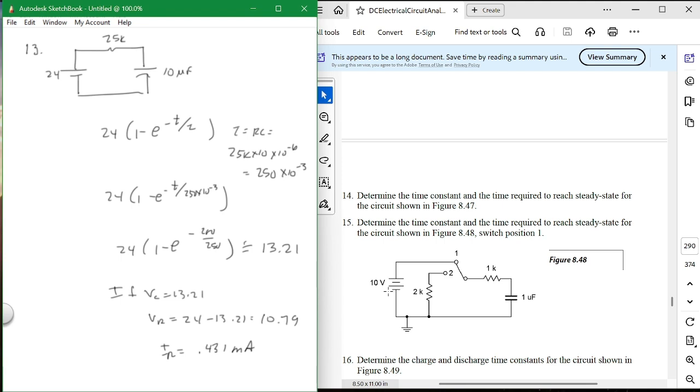When you flip it to position 2, what happens? There is no voltage to charge it up, so now it discharges through the resistance in series, 1K plus 2K, or 3K. So your resistance on the discharge side is 3K. Which is going to happen faster? The charging, because your R is smaller. When your R is bigger, it takes longer.